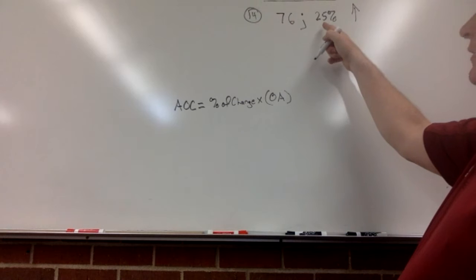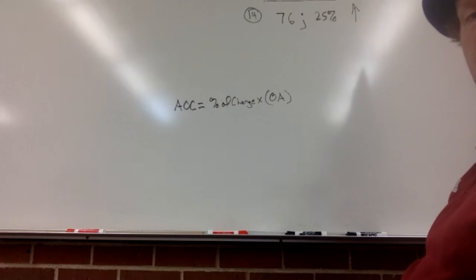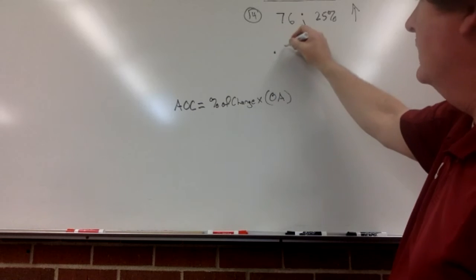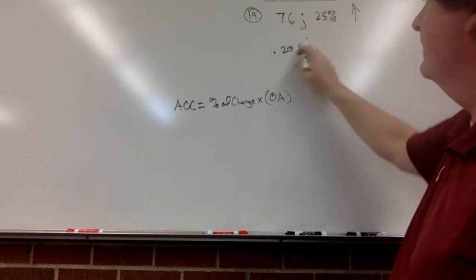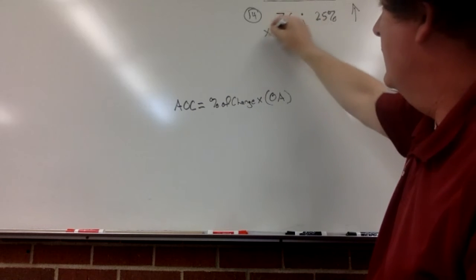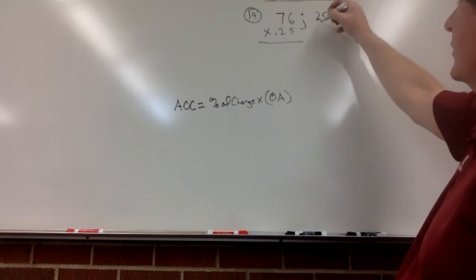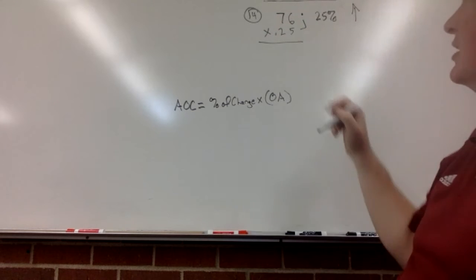So, first of all, we change our percent to a decimal. What's that decimal? 25% changes to what decimal? 0.25, right? I'm going to put that up here. So we're moving it to the left when we change it to a decimal.